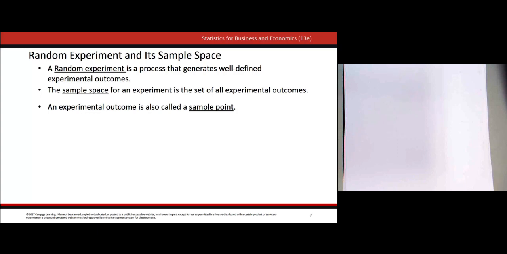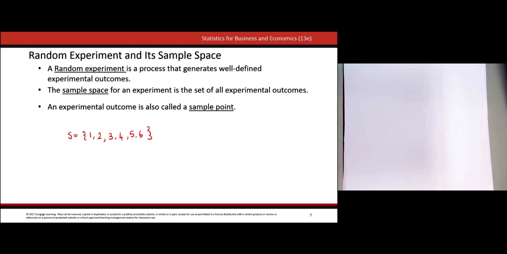What is a sample space? The sample space for an experiment is the set of all experimental outcomes, usually denoted by S. For example, if you roll a die, the sample space is 1, 2, 3, 4, 5, 6. It's exactly 1, exactly 2, exactly 3, 4, 5, or 6. It cannot be anything else.